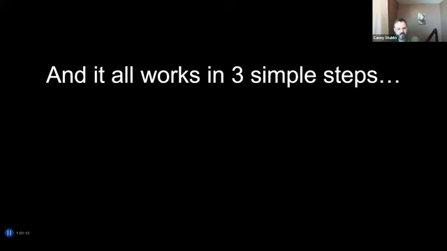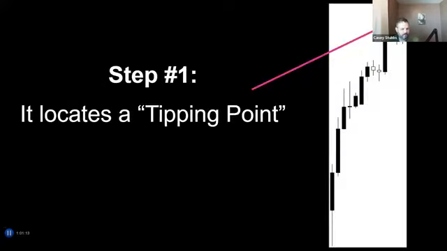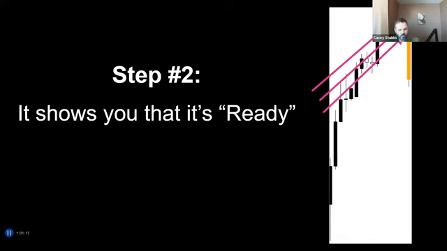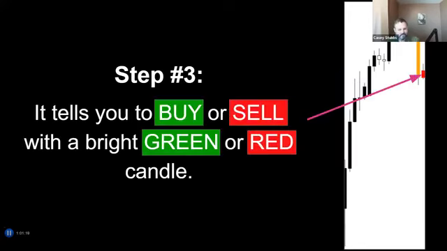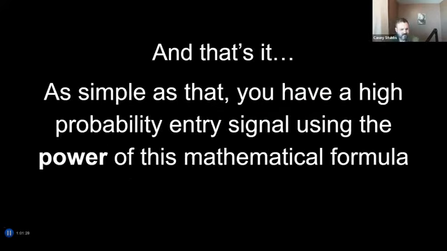And it all works in 3 simple steps. Step number 1, it locates a tipping point. Step number 2, it shows you that it's ready. Step number 3, it tells you when to buy or sell with a bright green or red candle. And that's it. As simple as that.